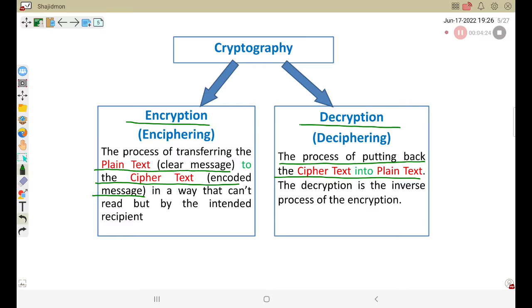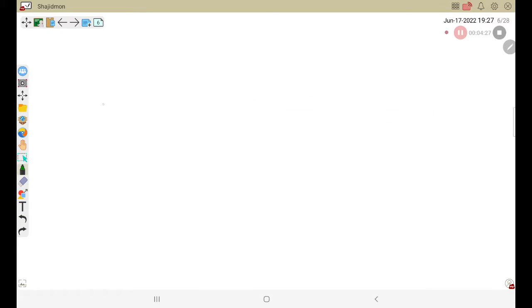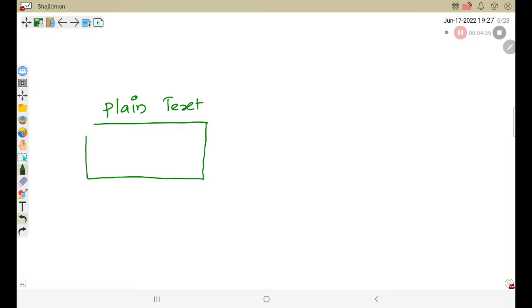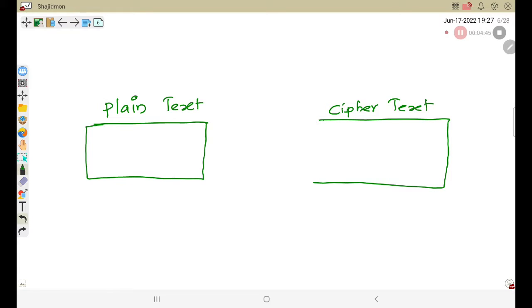So what we understood is that we have plain text, which means the original or clear message, and we have cipher text, the encoded message.